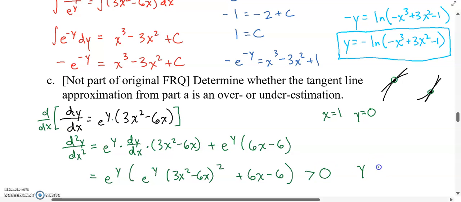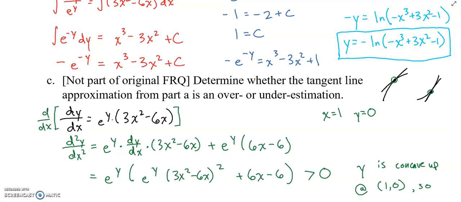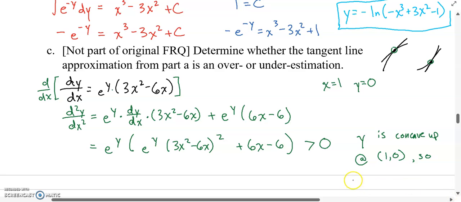So y is concave up at the point 1, 0. So the approximation of f of 1.2, which was equal to negative 0.6, is, well, if we're concave up, we're too small. This is less than f of 1.2.